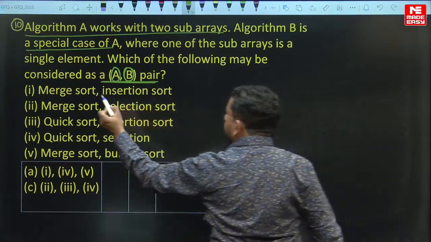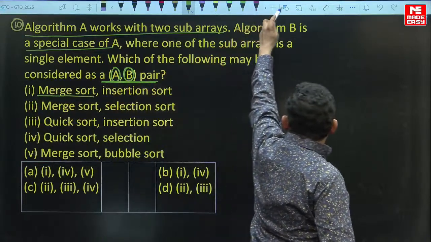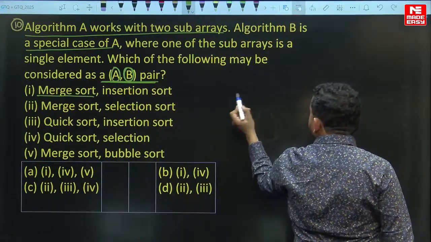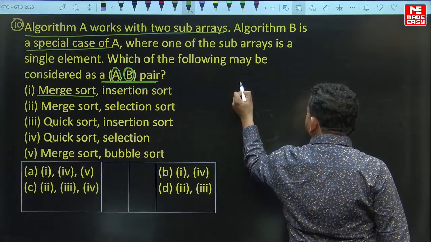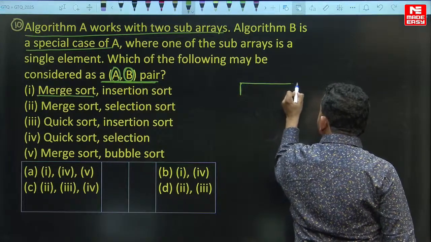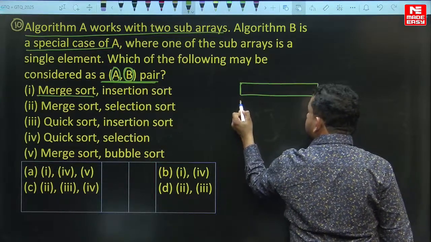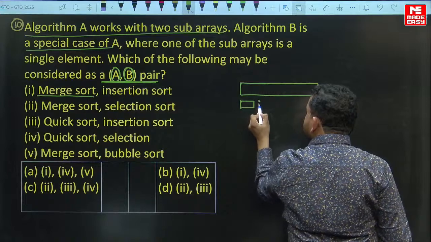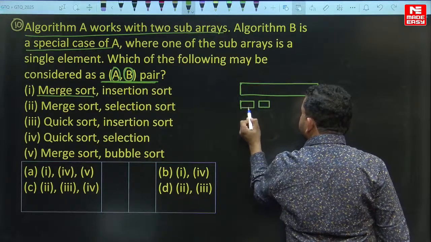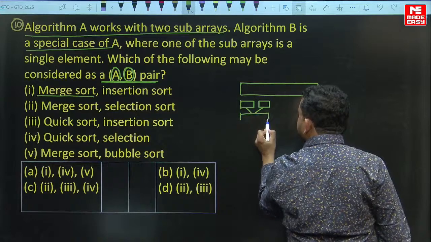So, see, merge sort divides the list into 2 equal subproblems and merges. Insertion sort is a special case of merge sort. First list 1 element and second list 1 element, merge into 2 elements.